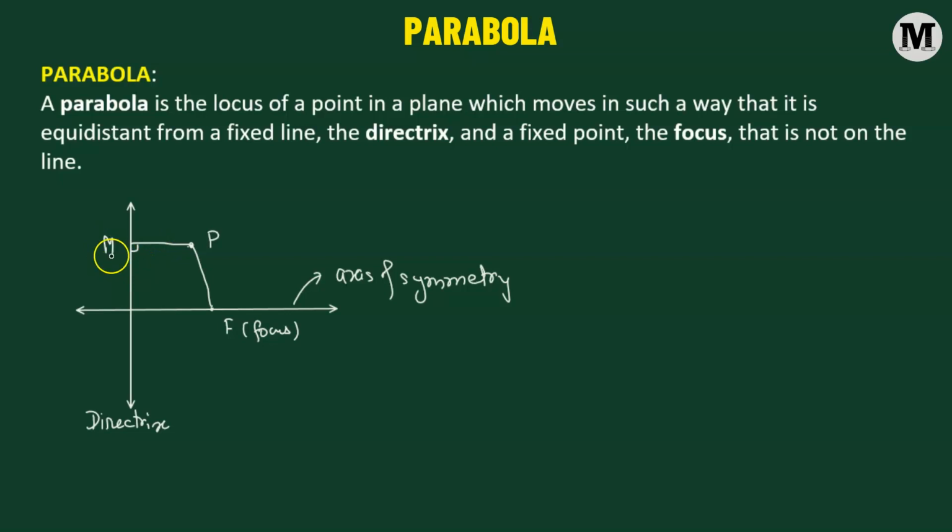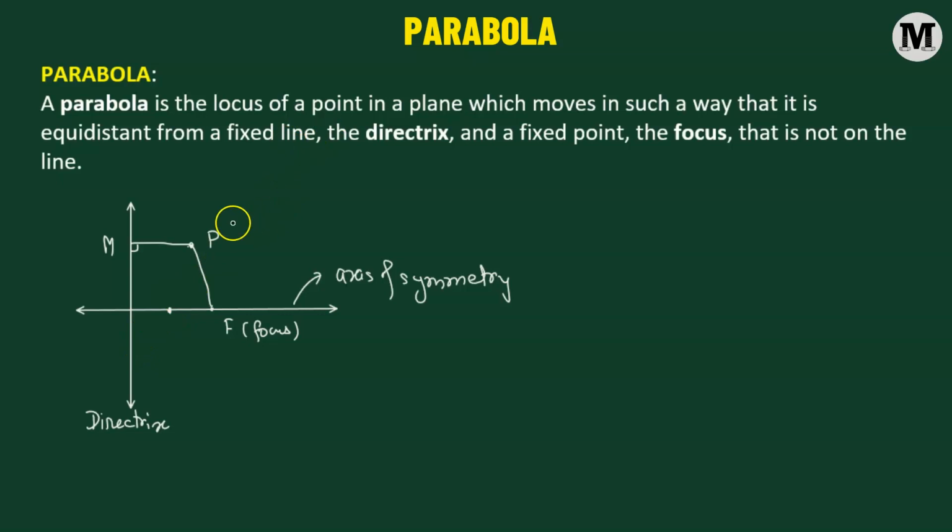So let's say the perpendicular line PM is perpendicular to the directrix. Wherever we choose this point, it is always going to follow the criterion that it is equidistant from the focus as well as the directrix. So if we choose the point to be lying on the axis of symmetry, then this point is equidistant from the focus as well as the directrix.